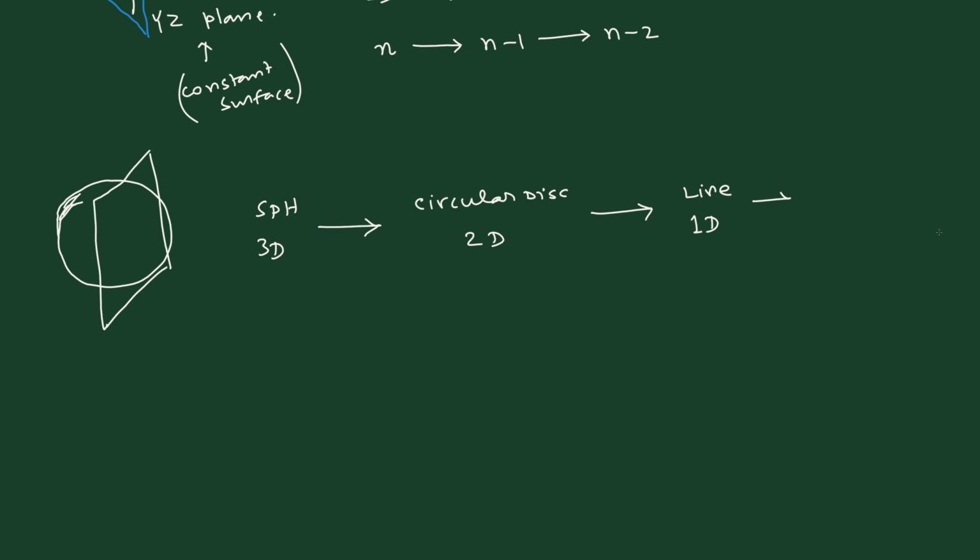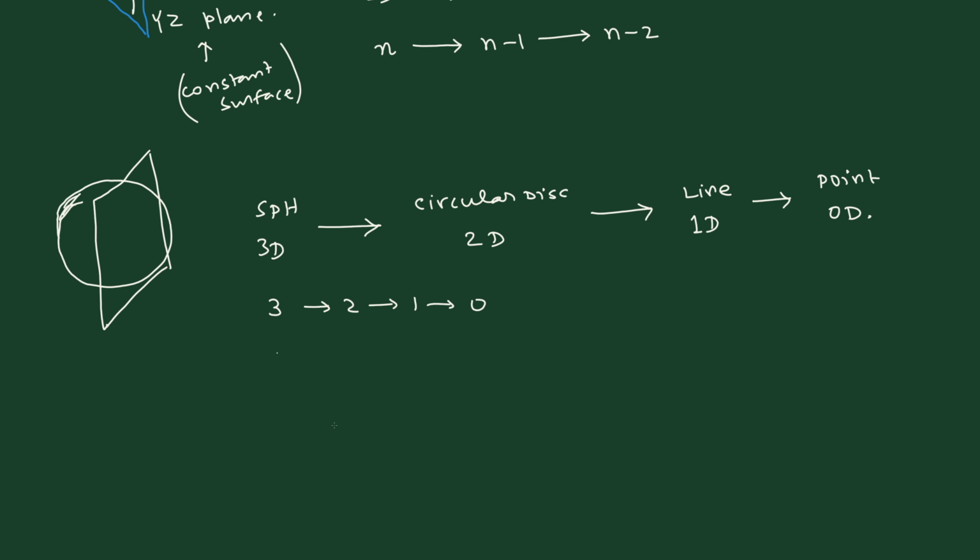And when you have a line, you bring another constant level surface and cut the line. Then the resultant of the intersection of the line with the constant level surface is a point. And therefore the point is 0-dimensional in nature. So it's very clear, right? Start with 3 dimensions, 2 dimensions, 1 dimension, 0 dimension, and you can't go further.